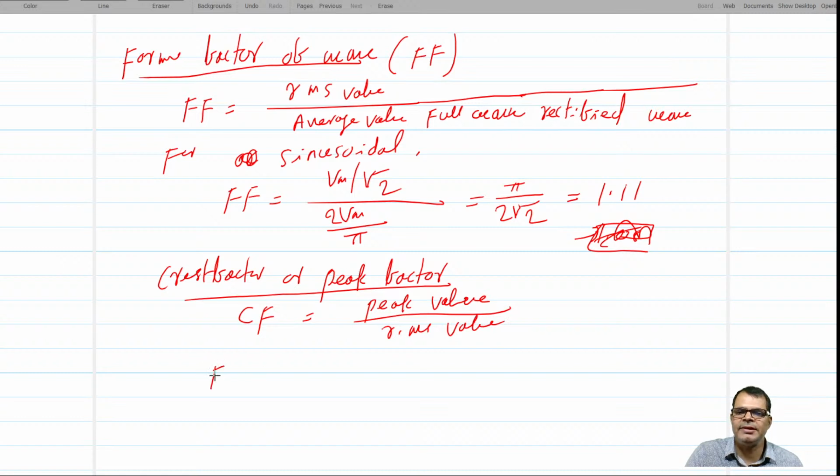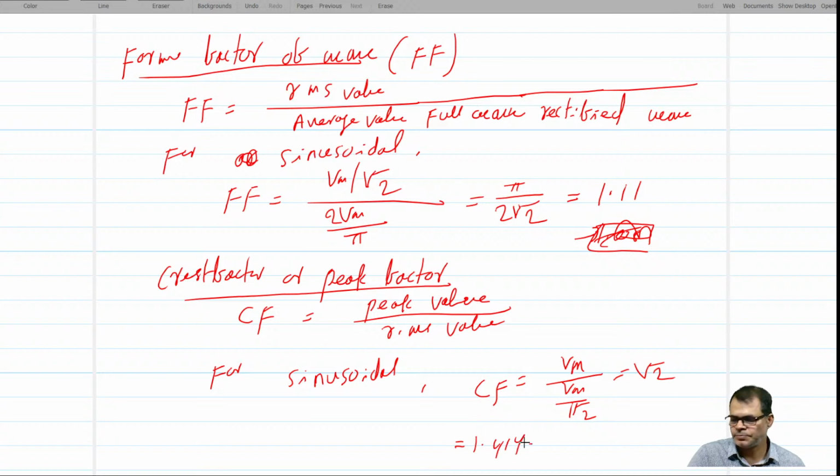And for sinusoidal, CF is equal to peak value Vm over RMS value Vm upon root 2, which gives you root 2, which is 1.414. So like when buying an inverter, they will clearly mention the output they are providing.